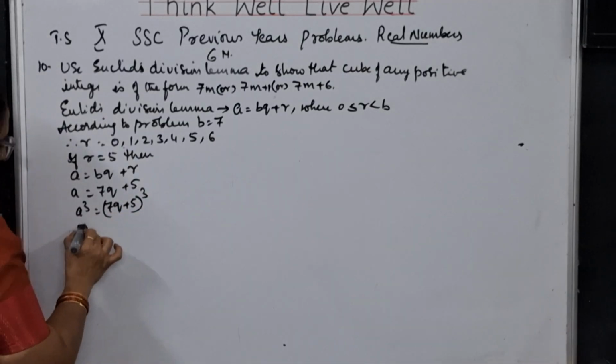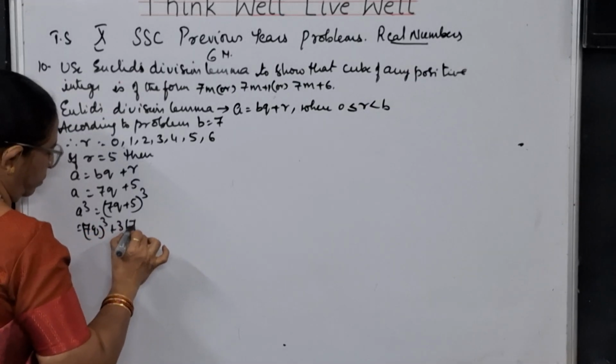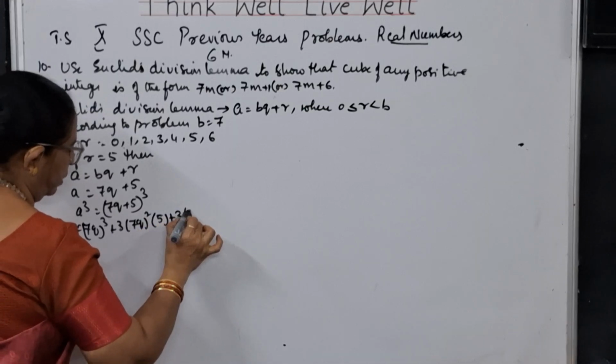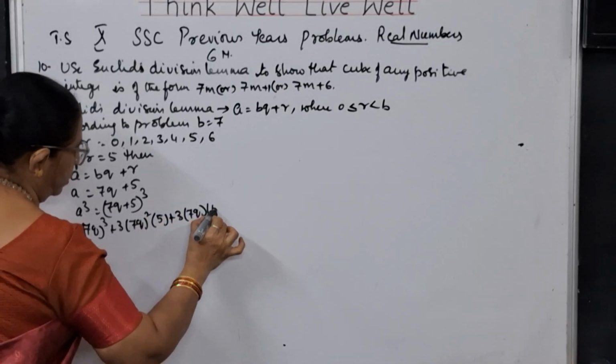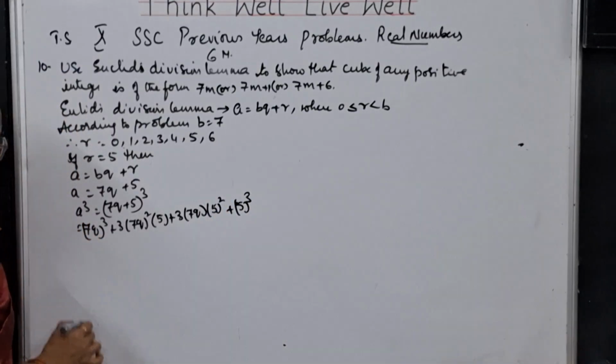So again a cube plus 3 into a square into b plus 3 into a into b square plus b cube.